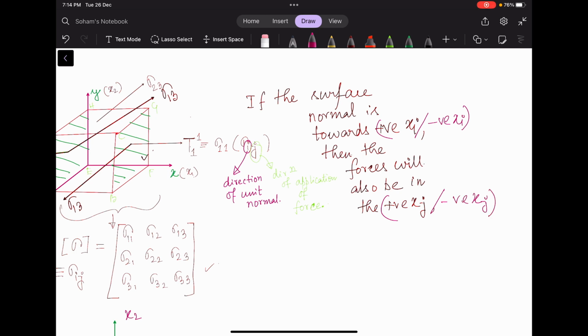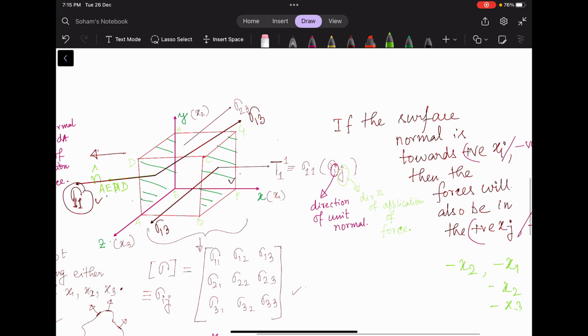For an example, if my surface normal is in the direction minus x2, then the positive forces will be either in minus x1, minus x2, or minus x3. In this cube, which surface is having its normal towards minus x2? That is AE, AB, FE.